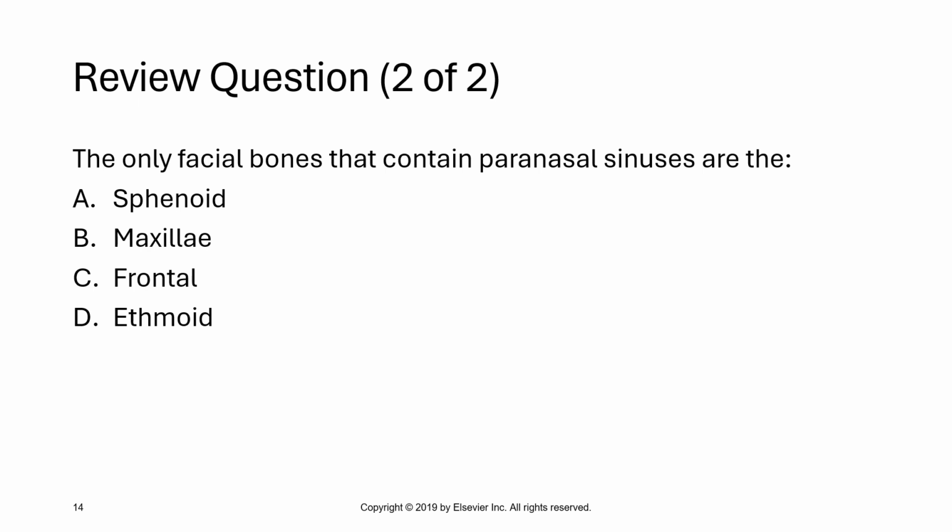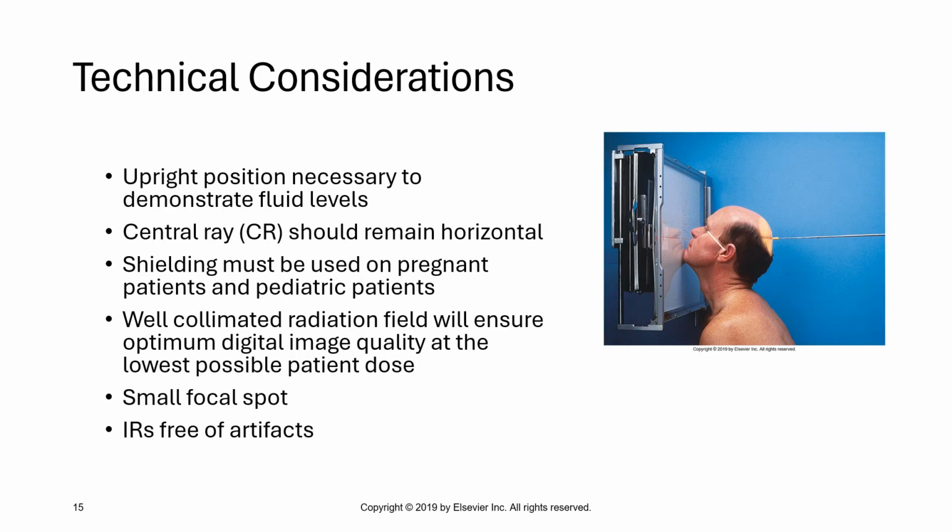So the maxillary sinuses are the paranasal sinuses of the facial bones. And it's an arbitrary divisor. It's the bones that surround the brain versus the bones that don't surround the brain, and the maxillary sinus is not a bone that surrounds the brain, so it's considered a facial bone rather than a skull bone. Okay.